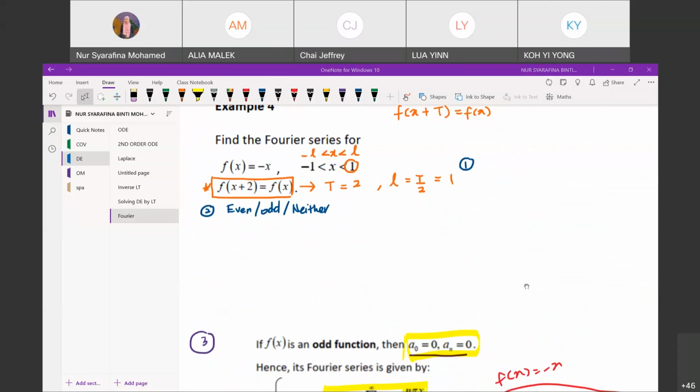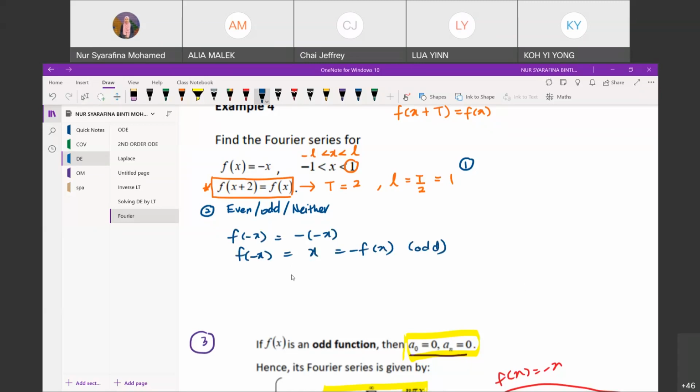Odd. Okay. So basically, you can find f(-x) equals x, which is negative f(x), right? Where this is odd, by definition.